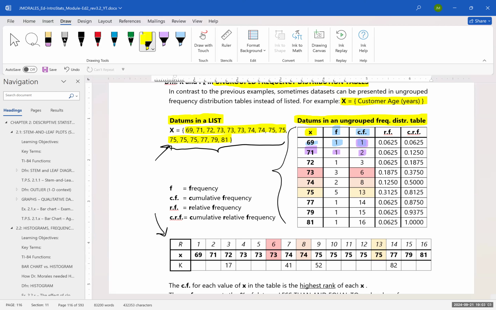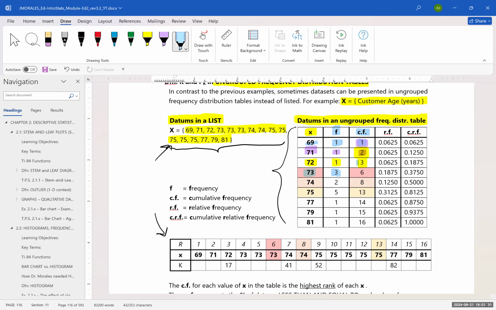Then to get the cumulative frequency for 72, we take the frequency of 72 and add it to the sum of all the previous frequencies, which is 2, and 1 plus 2 equals 3. To determine the cumulative frequency for 73, we take our frequency of 3, because there were 3 73s in the data set.